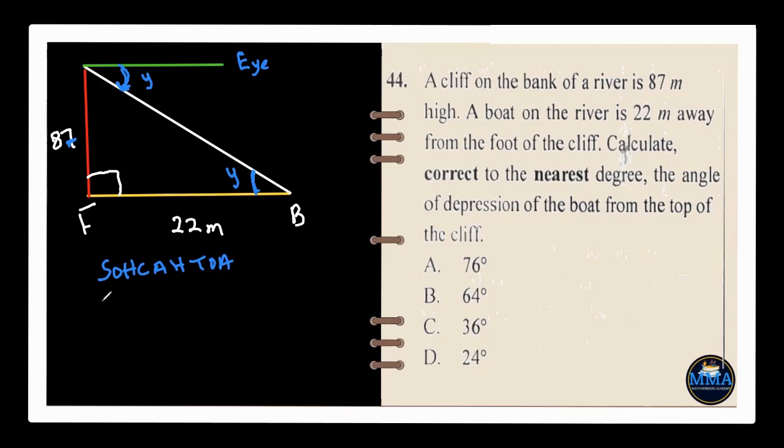So we look at tan Y. It gives us 87 over 22. And if we look at that, 87 over 22 will give us 3.9545.